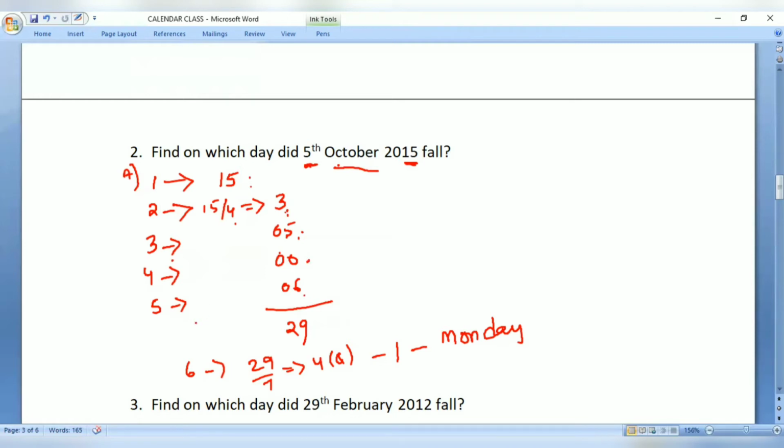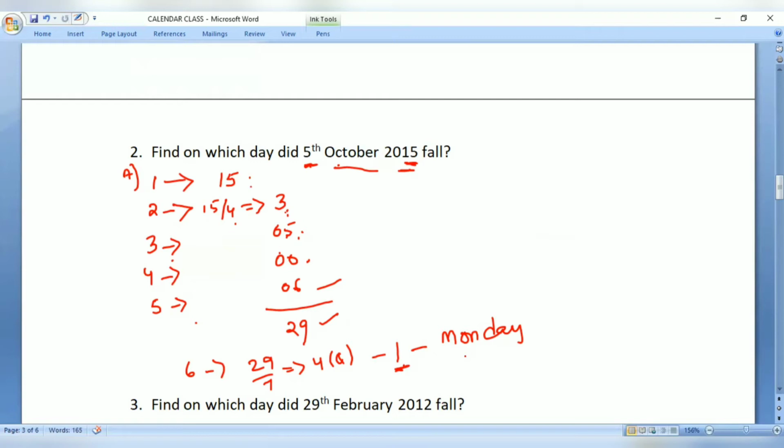In step 5, we identified the code for the year 2015. Then on adding, we observed that the value becomes 29. Now divide it by 7 and find the remainder. Based on the remainder, you find out the day. Since the remainder is 1 in this particular case, we say that the day is Monday.